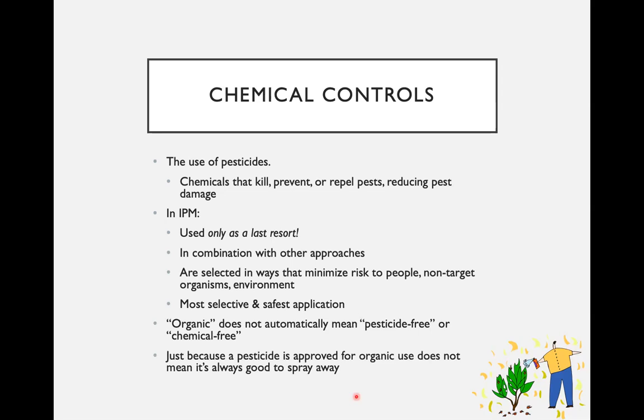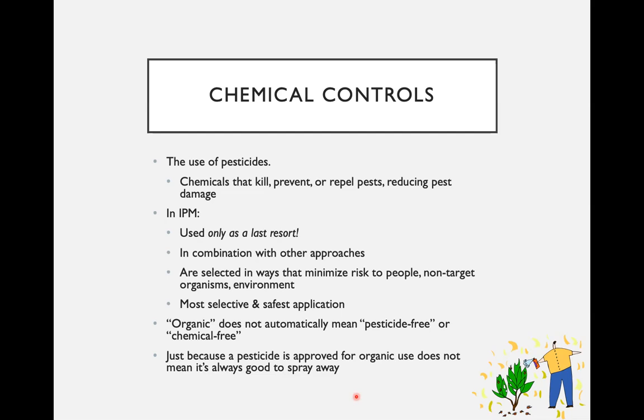Surprisingly, there are actually a number of different products and materials that are allowed under USDA organic standards. They just have to be on the OMRI list, the Organic Materials Research Institute list, which is the institute that maintains the whole list of pesticides and other approved things that you can be using under that umbrella of certified organic.